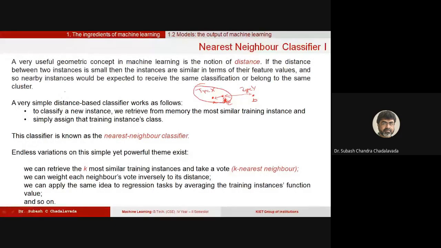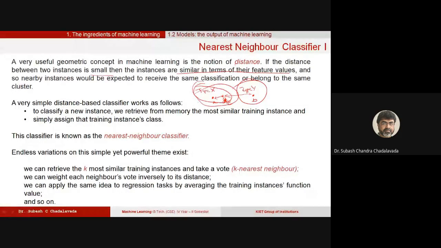If the distance between two instances is small, then the instances are similar in terms of their feature values. So nearby instances can be expected to receive the same classification or belong to the same cluster. So these can be put in the same cluster. This can be a cluster, that can be a cluster.